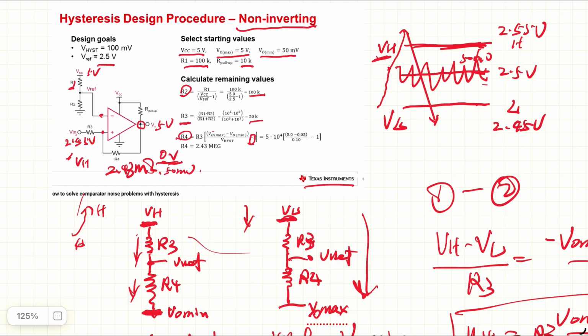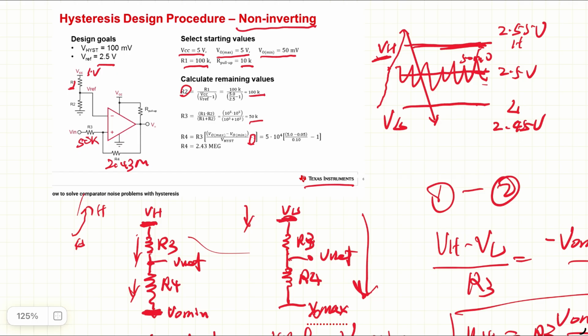Just to summarize this circuitry, it's very simple. The way to understand this is that it's a positive feedback circuit, and essentially just a voltage divider. How do you choose these two values, 50K and 2.43 megaohm?